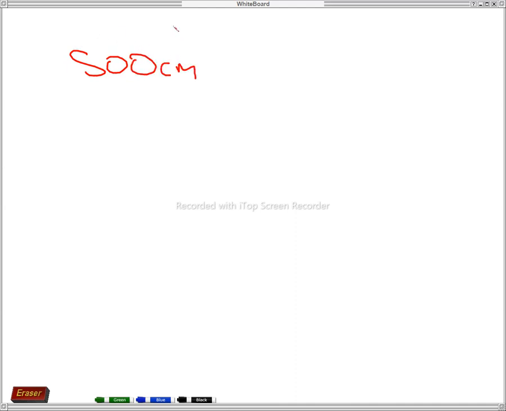You still remember I told you to convert this to decimeter cubed. This is easy: divide by 1000, and your answer is going to be 0.5 decimeter cubed.